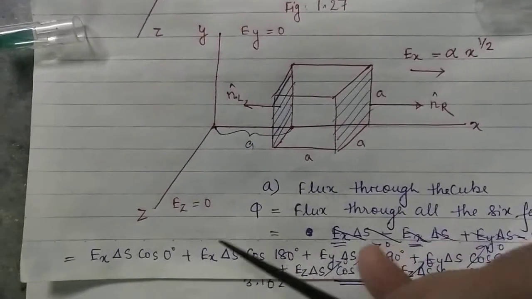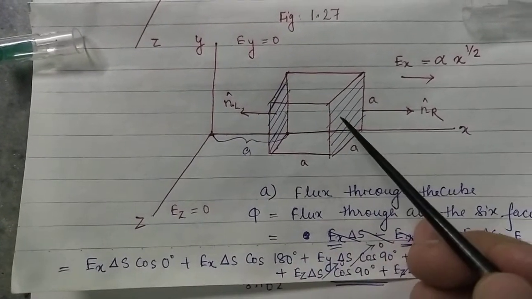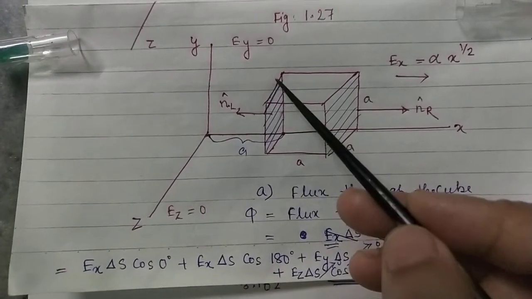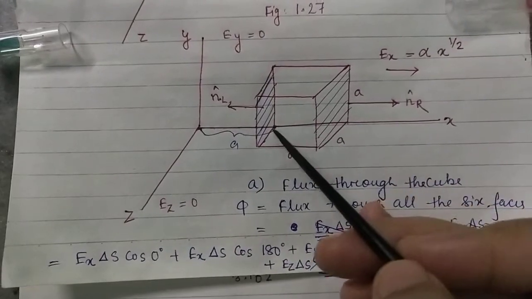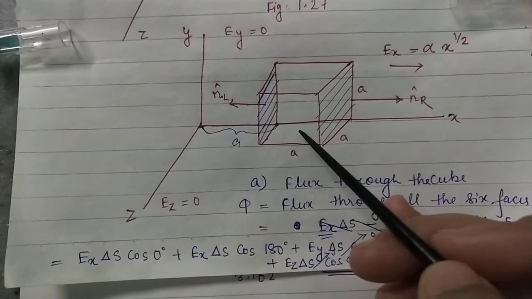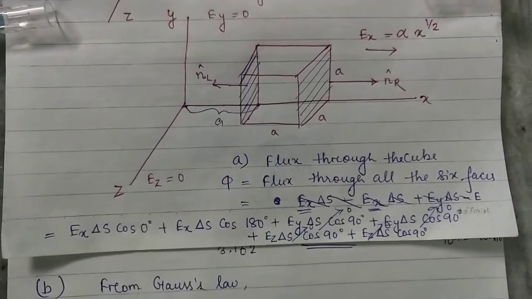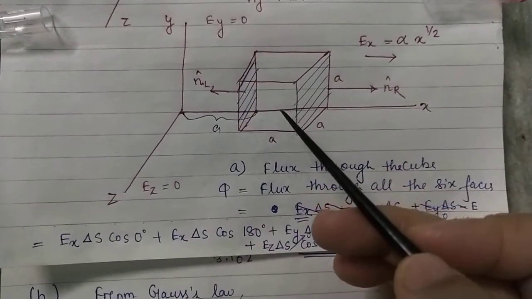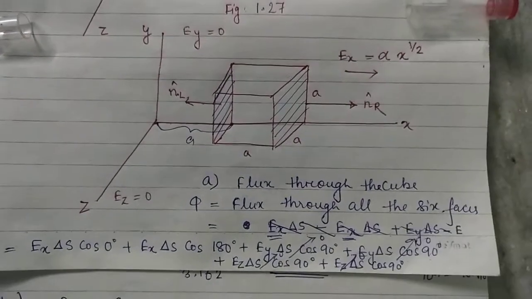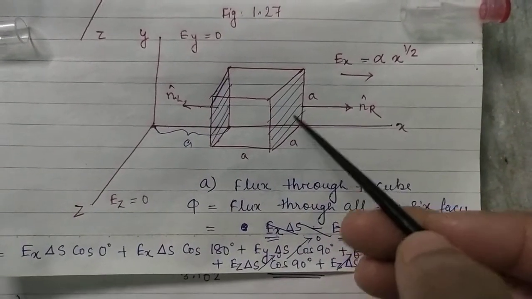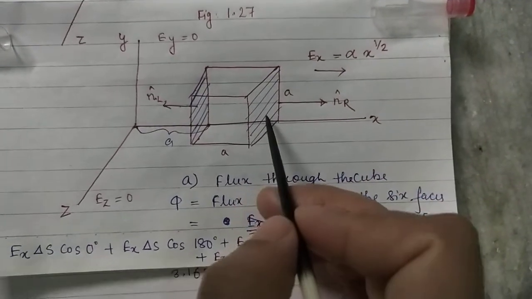So for that I have written here in short. Along the x component, how many faces we have? 2. One is this one, second one is this one. So what will be the flux? Flux formula we know, phi equal to E dot S, the electric field dot S. What is S here? S is the surface area. So for this face I have written. Now important thing to see here is the direction.